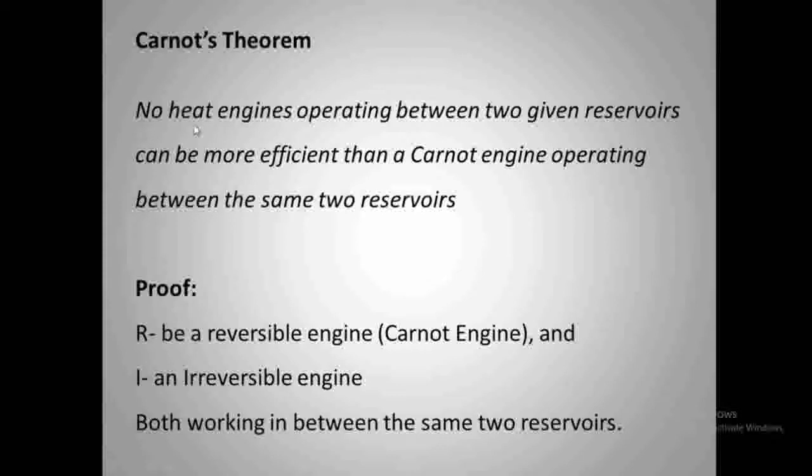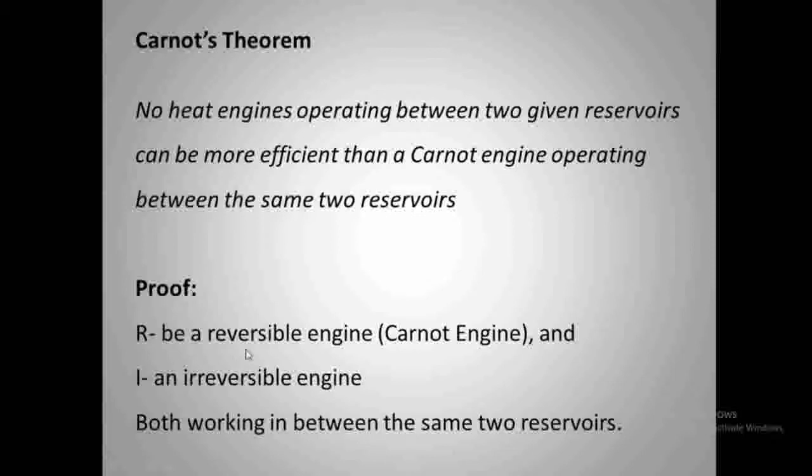This is a negative statement, and it states that a Carnot engine operating between two reservoirs is more efficient than any engine operating between the same two reservoirs. In effect, a Carnot engine has more efficiency compared to other engines working between the same two reservoirs. So we can prove Carnot's theorem as follows.